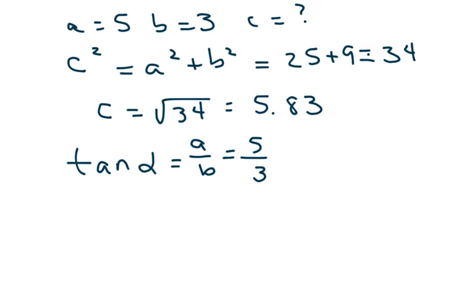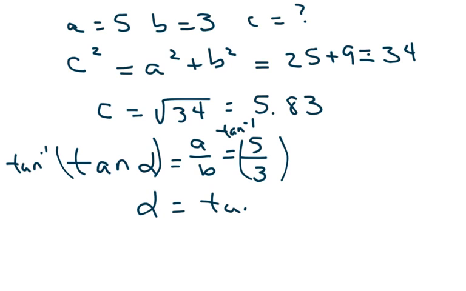Then to find alpha, we're going to do tan of alpha equals A over B, which equals 5 over 3. And then we're going to take the inverse of both sides. We get alpha equals tan inverse of 5 over 3, which equals 59 degrees.